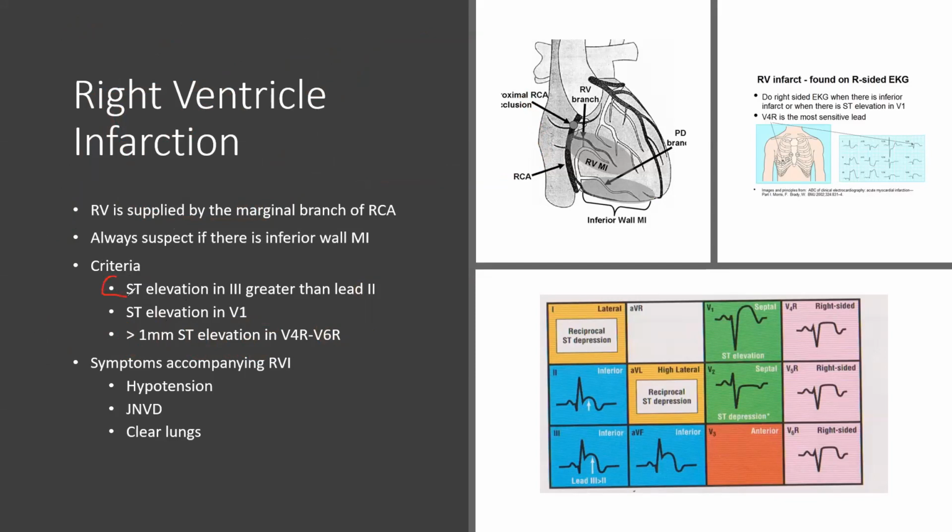If the ST elevation in lead 3 is greater than lead 2, then this is going to satisfy the criteria of a right ventricular infarction. So let me repeat that. If the ST elevation in lead 3 is greater than lead 2, then we would have a right ventricular infarction.